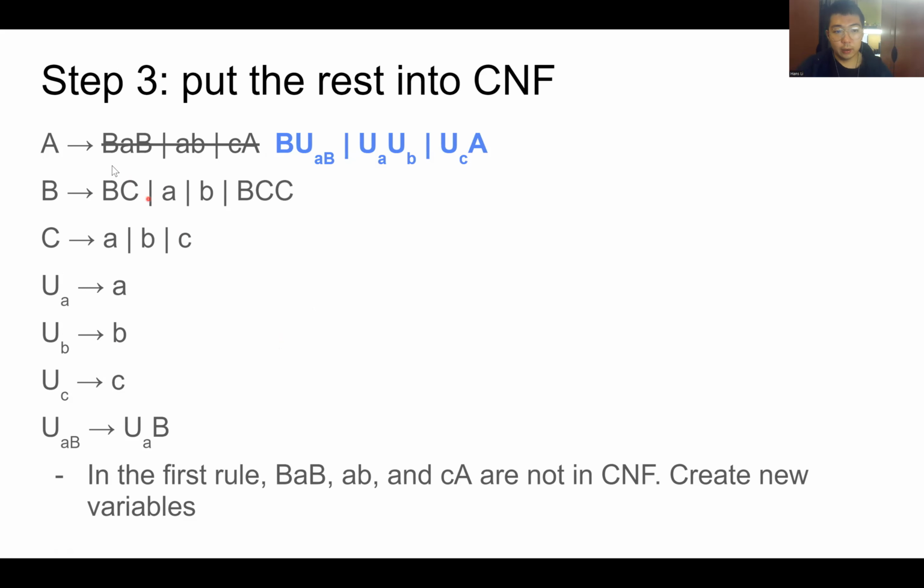So here, this is a problem, this is a problem, and this is a problem. To deal with this, we have a variable called UAB, which generates UA, which is A, and a B, and that can be substituted in for this part to create a variable that generates two variables. This one, we cannot have two terminals, so we have UA and UB, which are A and B. And for this one, we cannot have a terminal and a variable, so we make it UC and A.